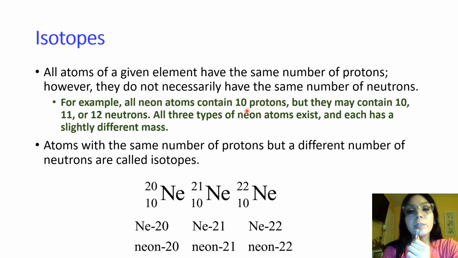But the difference between some of these neon atoms is that they may have 10, they may have 11 or 12 neutrons. All of these are stable, they exist, but they all have different masses. And what they're called is isotopes of each other. They're isotopes of neon. So atoms with the same number of protons but different number of neutrons are called isotopes.